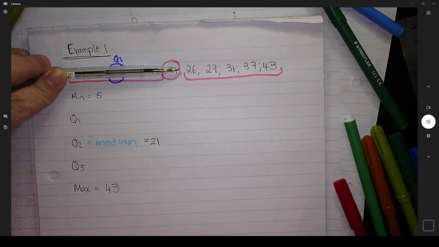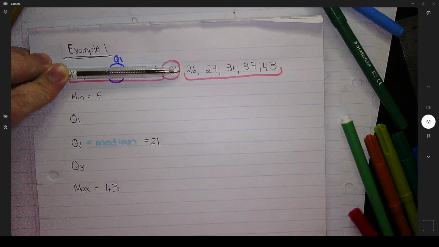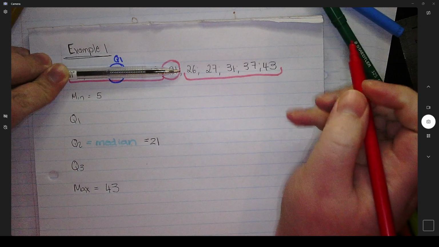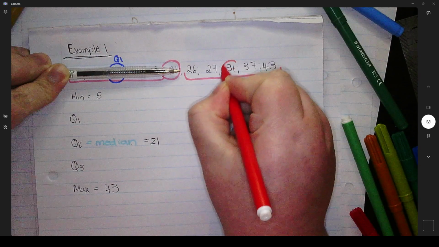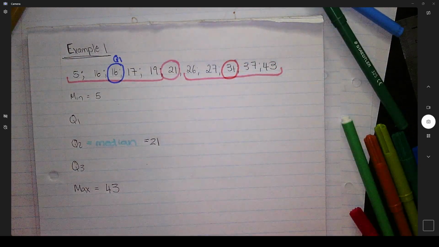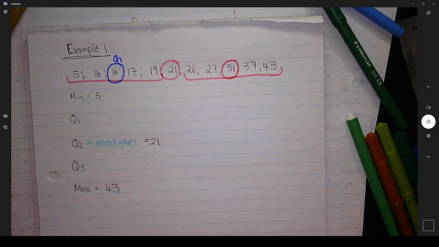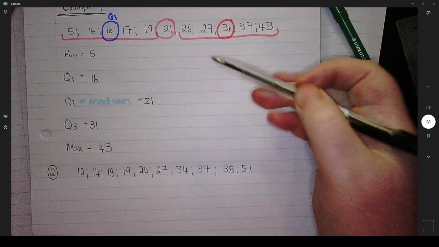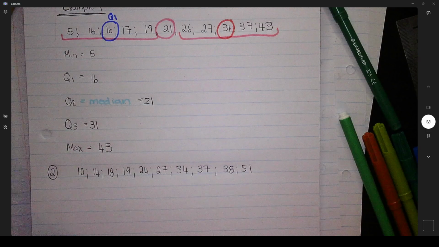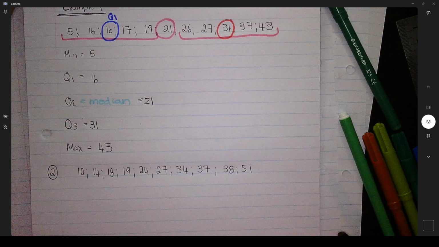Similarly, if I cover the bottom half and I'm looking for the upper quartile, then it is the median of these 5 numbers, which would be 31. All right. So that is example 1. Now you can draw your box and whisker based on these 5 values.